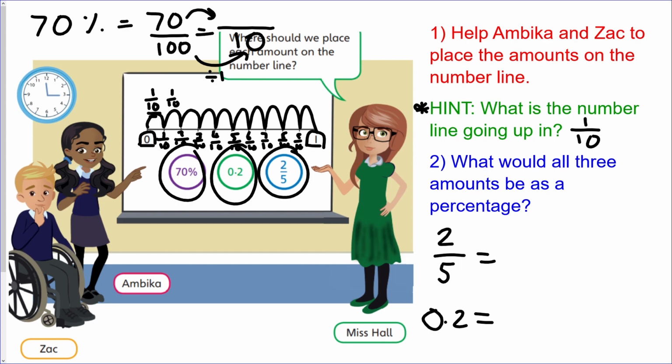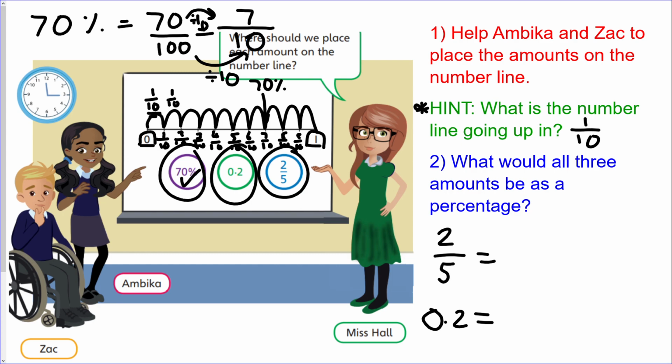If we know our times tables, we know 100 divided by 10 equals 10. And because whatever we do to the bottom, to the denominator, we do to the numerator at the top, we now need to do 70 divided by 10, which would give us 7. So our value of 70% would have to be labelled here.